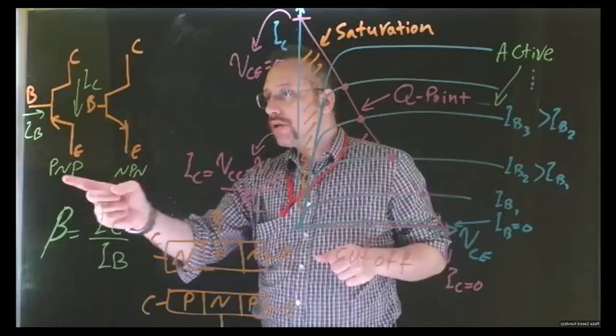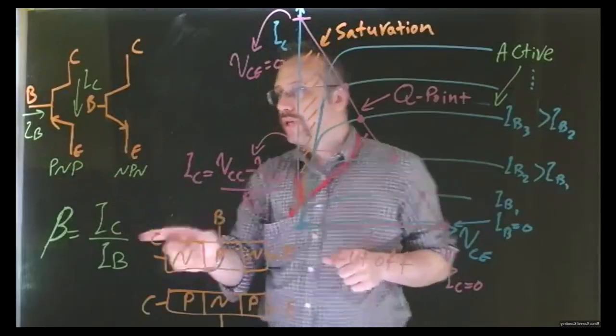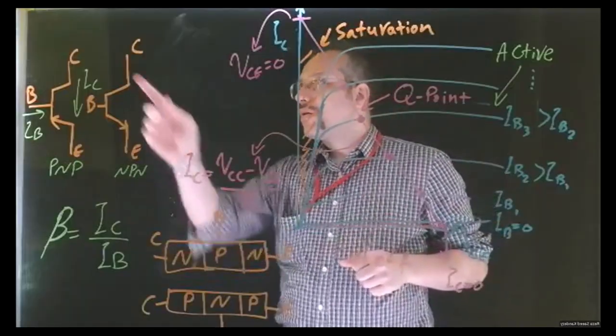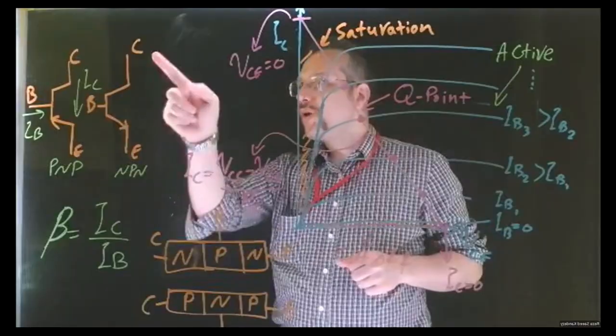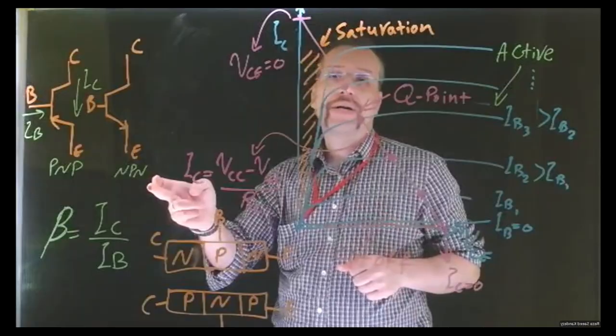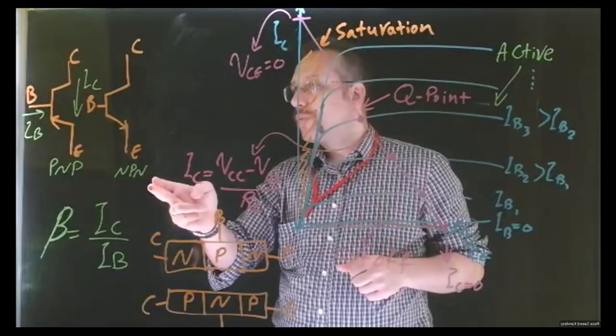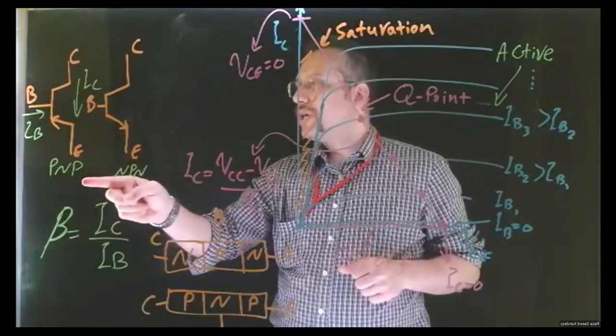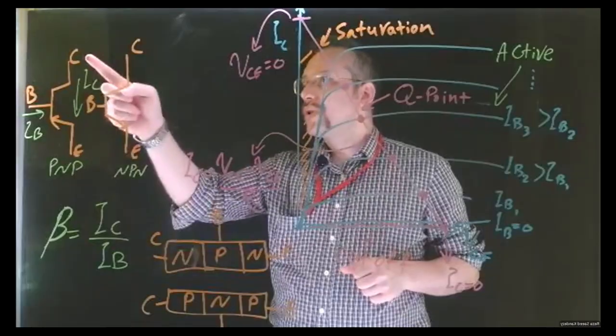Now, let's go back to the symbol. As you can see here, we have two symbols, one for PNP and another for NPN. We have collector, base, and emitter as the terminals. The difference between these two types of BJTs in the symbol is the direction of the current. In PNP, the current goes from emitter to collector.